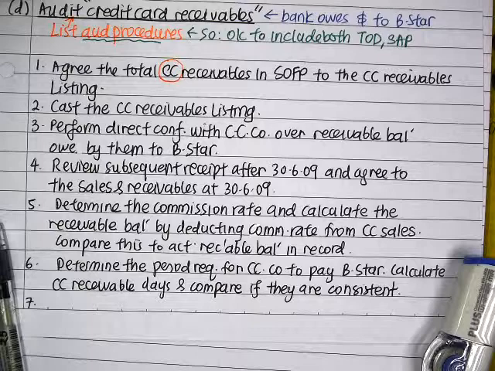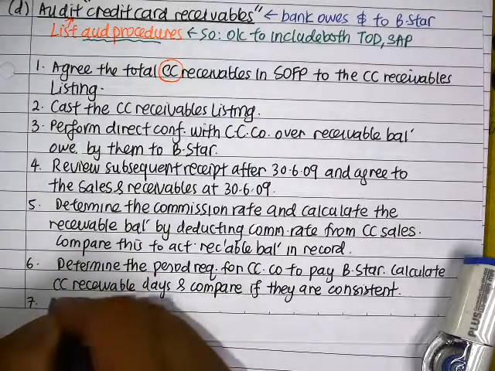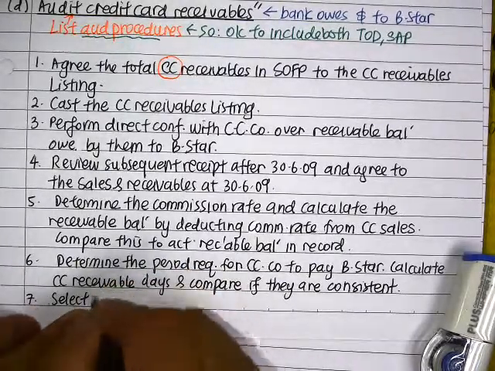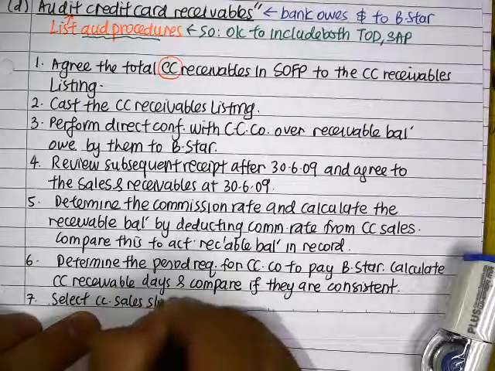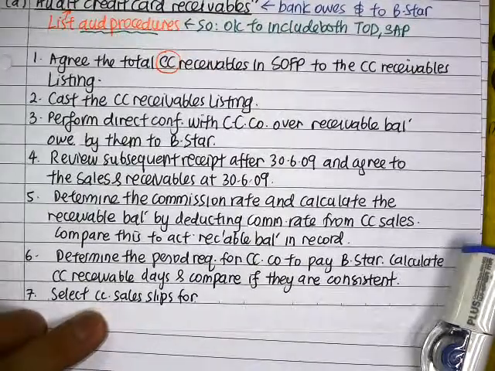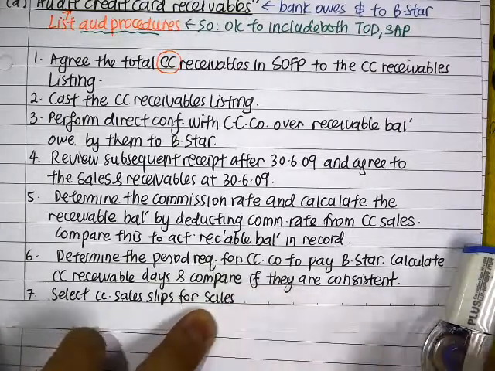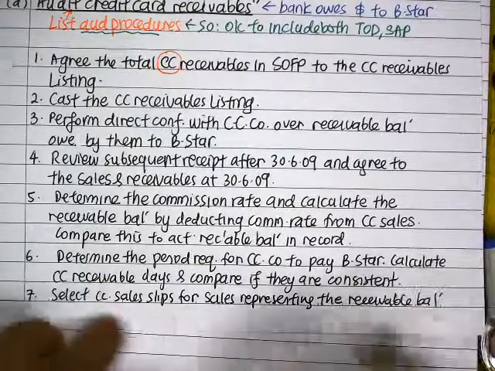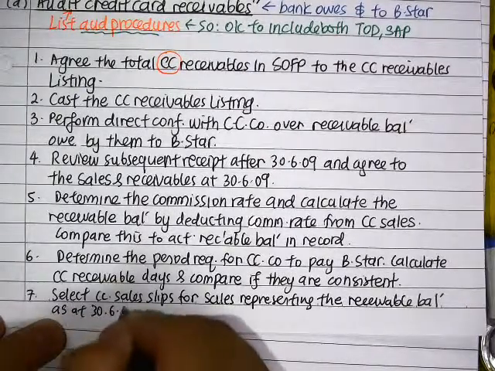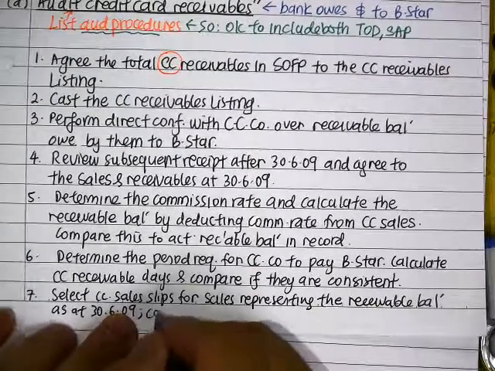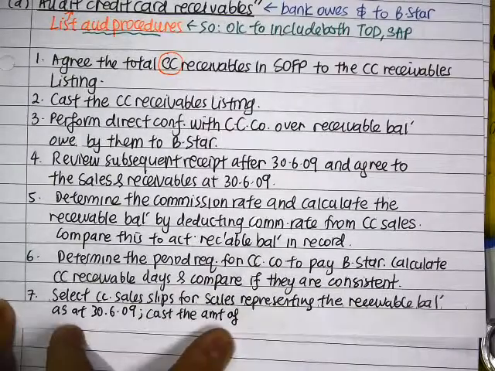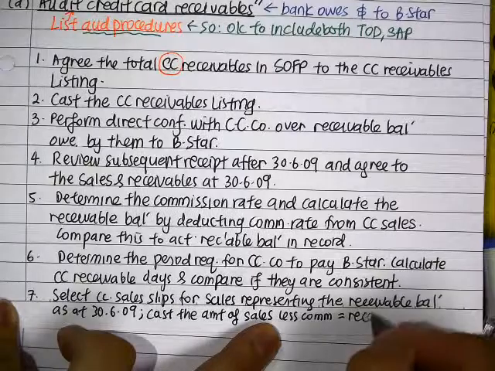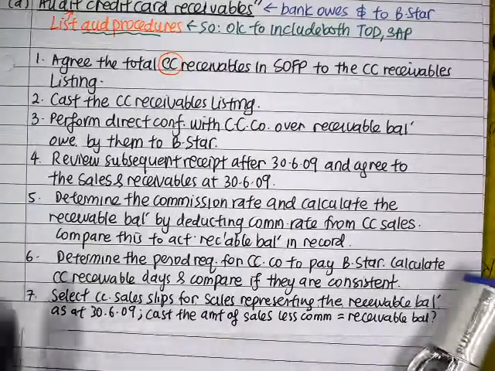I believe customers will need to either sign a cheque or a slip. So what we do is select the credit card sales slips for the sales representing the receivable balance as at 30th June 2009, and cast the amount of sales less the commission so that it will equal the receivable balance.